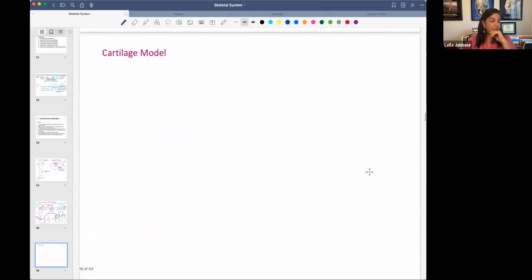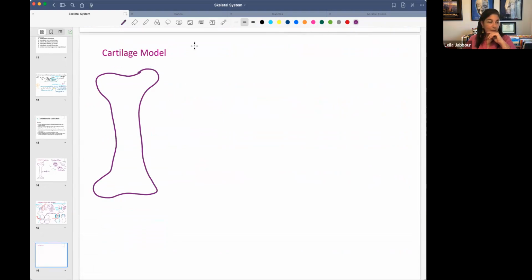So here we are. I'm going to redraw the cartilaginous bone model, but this time it has bone at the center. So I'm going to draw a blood vessel.